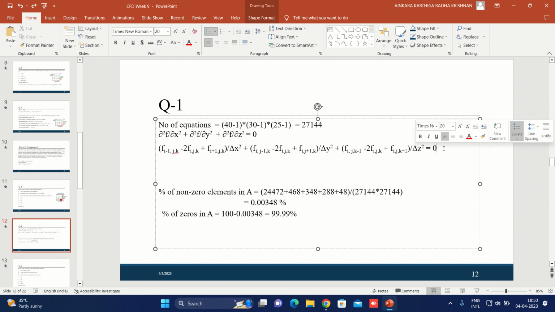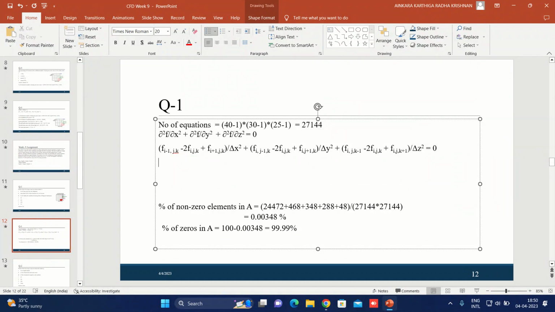We'll just find out the number of non-zero elements, and then we'll move on to the number of zeros. So in the similar problem that we solved in the Poisson equation in the last practice problem, we should first find the number of interior grid points.